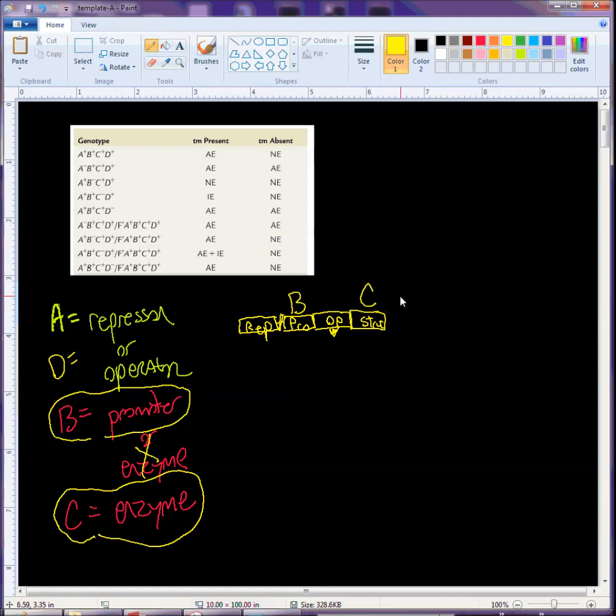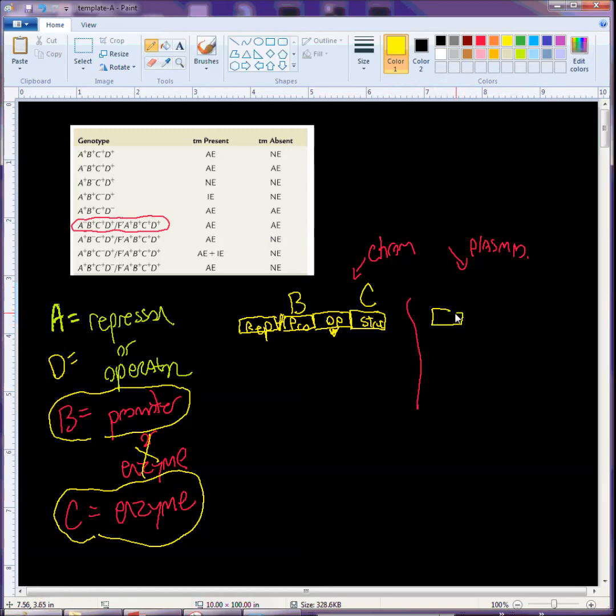Okay, so let's take a look at our first complicated genotype here. Now this bacterium has a plasmid and a normal chromosome. So we'll say this is the chromosome over here, and this is the plasmid over here, and it looks like they have a complete operon on both the chromosome and the plasmid.